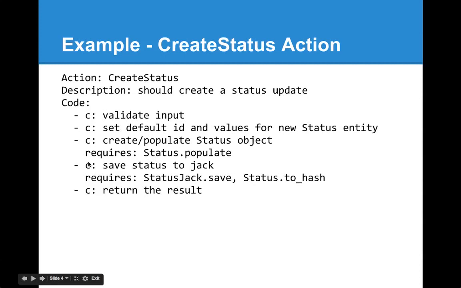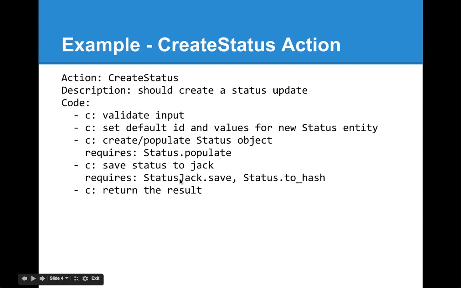So a couple naming conventions here. Anything that has the word jack in it implies a jack with a contract. So statusjack.save will stub you out a contract for the status jack. Anything that doesn't have the word jack in it is going to be assumed to be an entity. So status is an entity, status jack is for a contract.